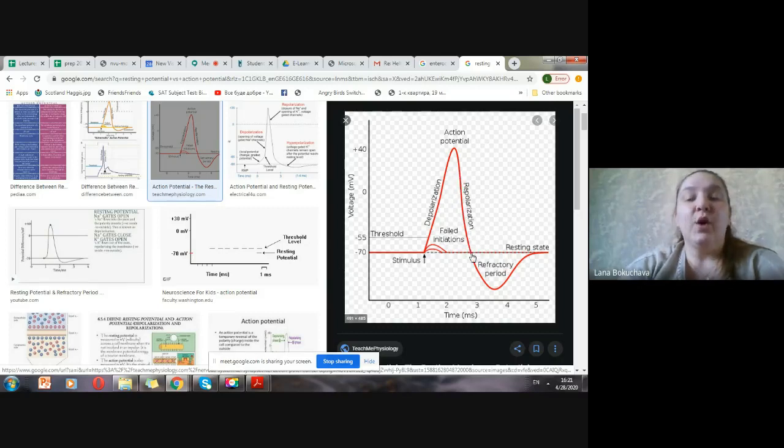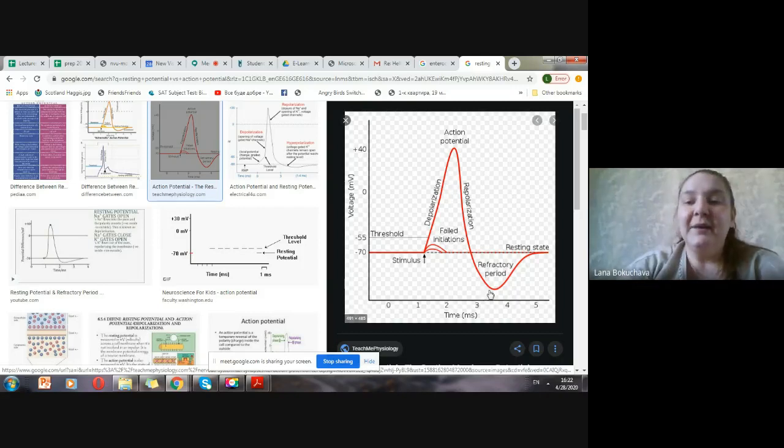So it goes down towards the minus, and as a result we have a refractory period. Why? Because there is a very low voltage, and nothing can directly give the depolarization.